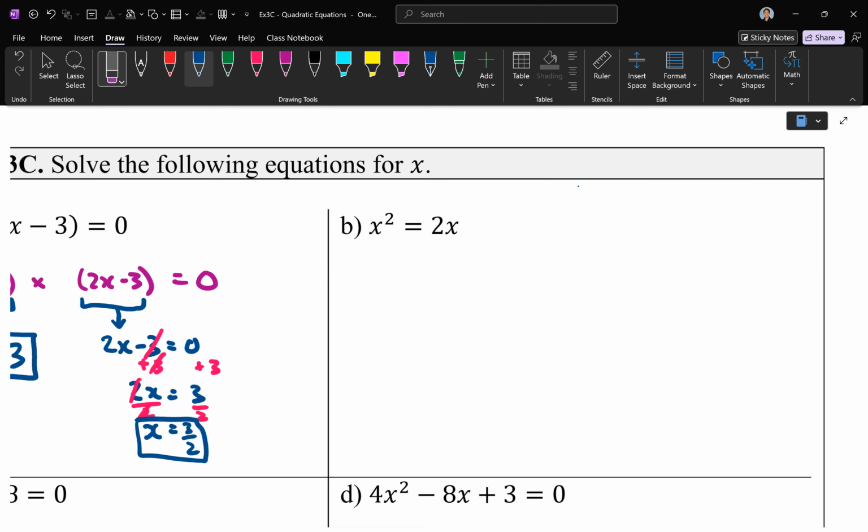One of the common mistakes, so don't copy this part down, is that students divide x on both sides, x divided by x cancels out, x squared divided by x cancels out, and they say x equals 2. One of the biggest common mistakes. The reason why this doesn't work is a bit more conceptual.